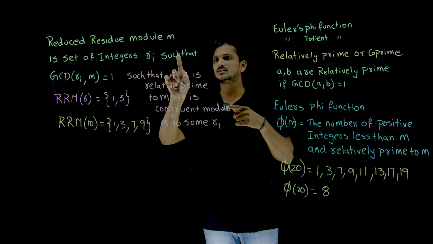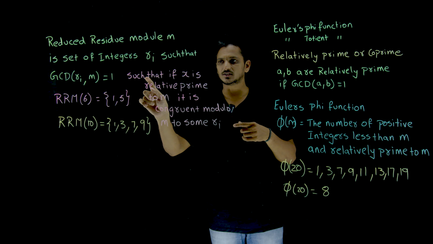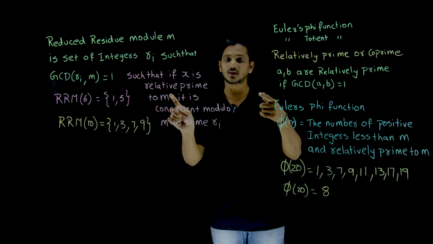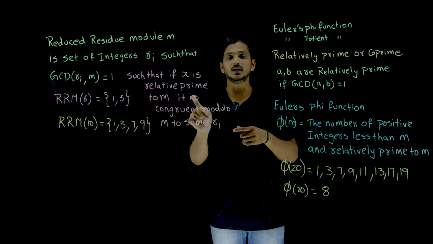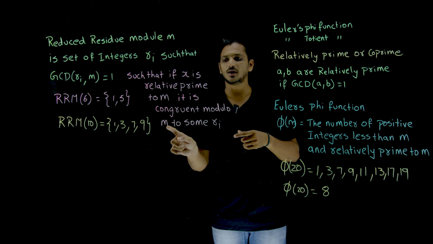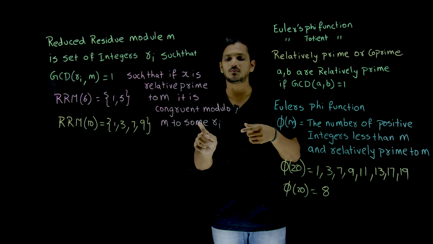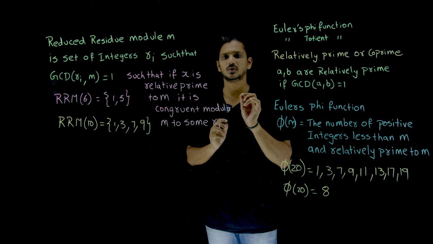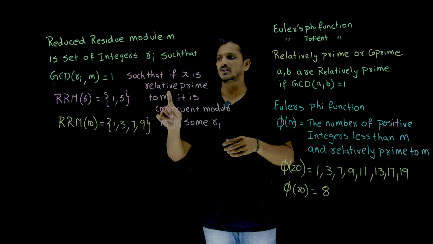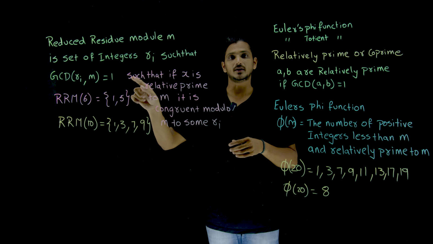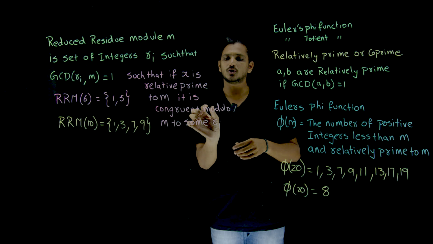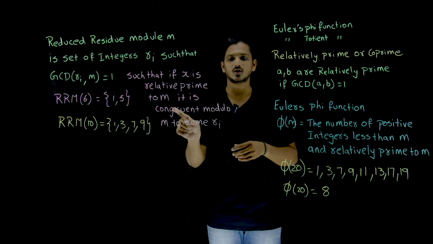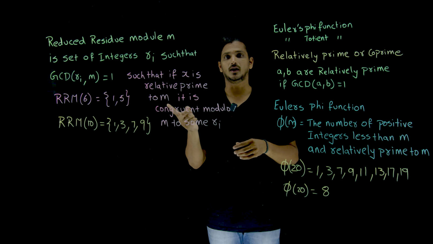It has to maintain that GCD of Ri, m is equal to 1, and such that if x is relatively prime to m, if you take any number that is relatively prime to m, its congruent modulo m is equivalent to some value in Ri. Understand it properly with the example. Let's take 7. GCD of 7, 6 is equal to 1, but 7 modulo 6 is equal to 1. So it is congruent modulo m to some Ri.